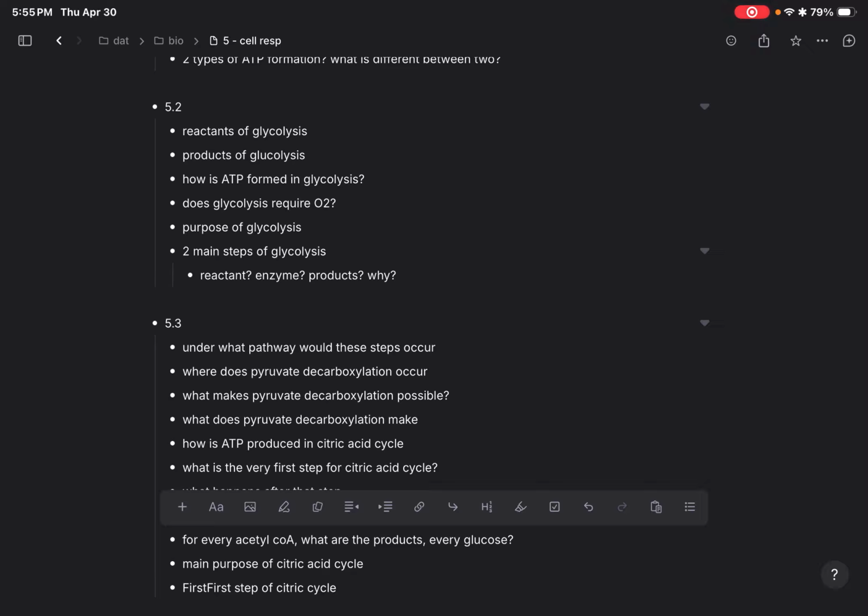We only have NAD+, and then we have ATP. So we're putting in 2 ATP.